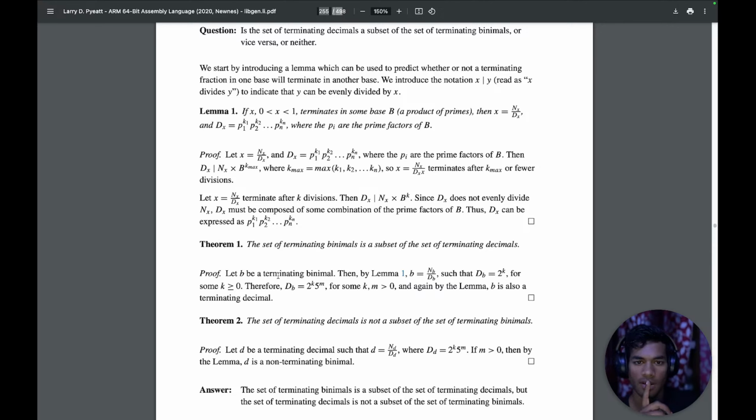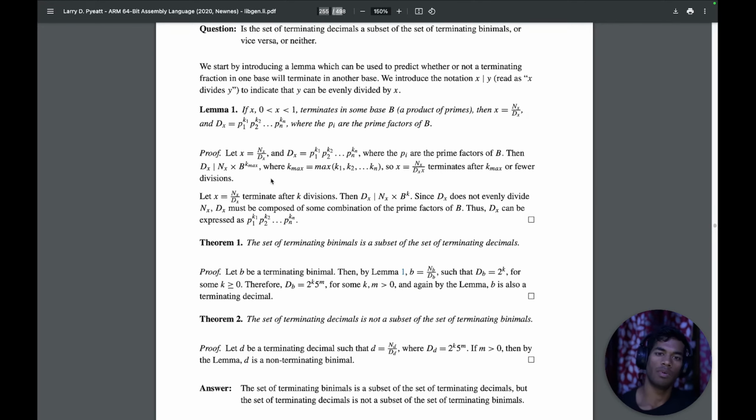If x, where x is between 0 and 1, terminates in some base b, and b is a product of primes. That is, if it is 2, then its prime factor is 2, and if it is 3, its prime factor is 3.